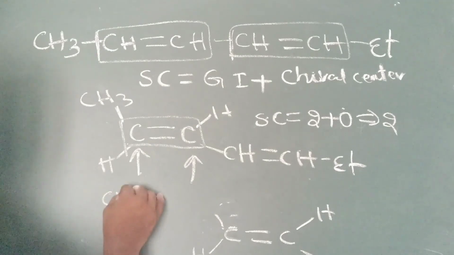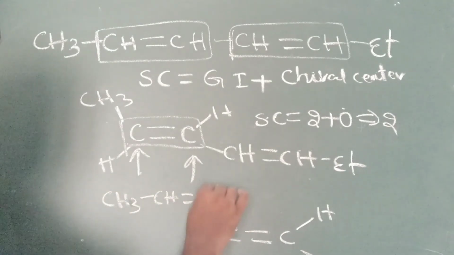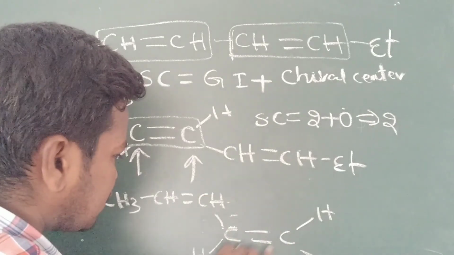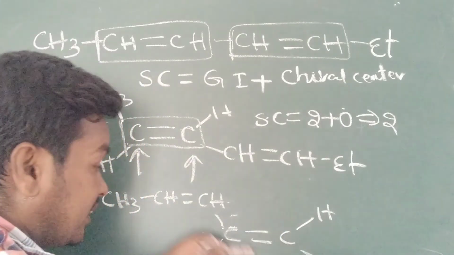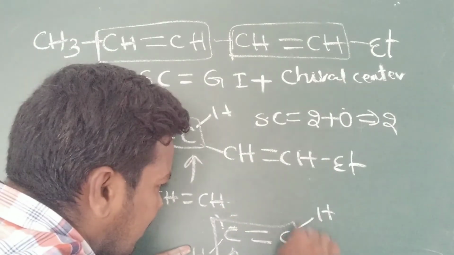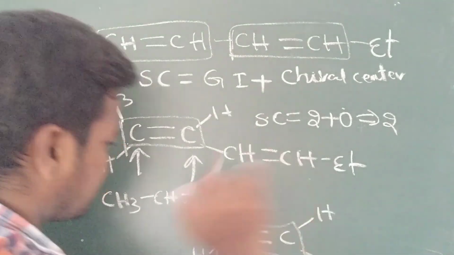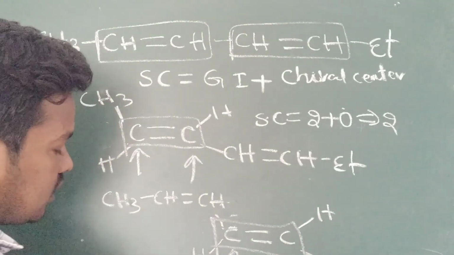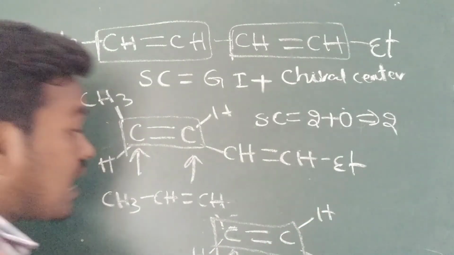So CH3, CH double bond CH. See, this carbon is attached with two different groups. This carbon is attached with 4 different groups. They are in the double bonded system. The double bond system should be present for GI. Different groups are attached in the double bond system. How many atoms are showing GI?